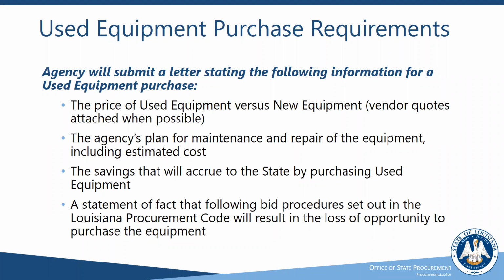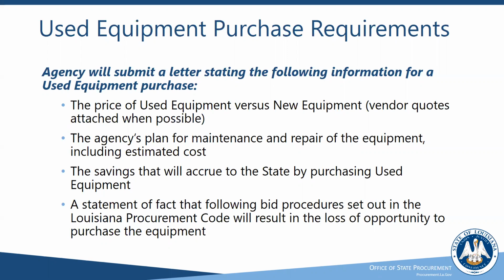It'll state the agency's plan for maintenance and repair of the equipment, including the estimated cost. It will state the savings that will accrue to the state by purchasing the used equipment. And lastly, a statement of fact that following bid procedures set out in the Louisiana Procurement Code would result in the loss of opportunity to purchase that piece of equipment.